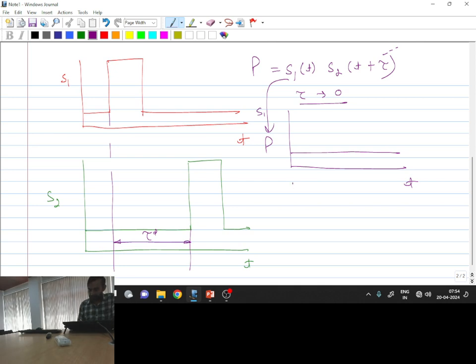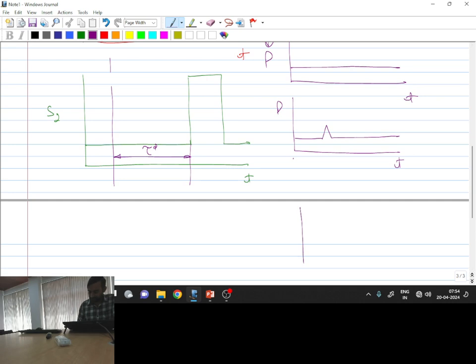Now if I keep on increasing the value of tau, the value of the product will slightly keep on increasing, and ultimately if I consider tau equal to tau star, then I will be getting the highest value of the peak. Is this point clear? All are clear with this?